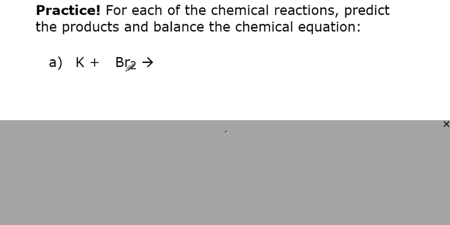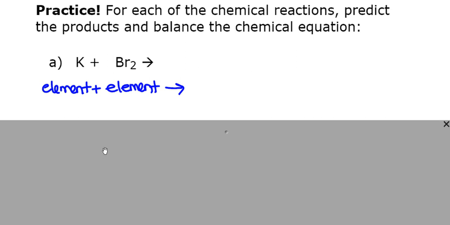This is an element and this is an element. So I want to think, when I have an element plus an element, what type of reaction do I have? For today, it's either synthesis, decomposition, or combustion. Combustion I know has to have oxygen. This isn't oxygen and this isn't oxygen, so it's not going to be combustion.